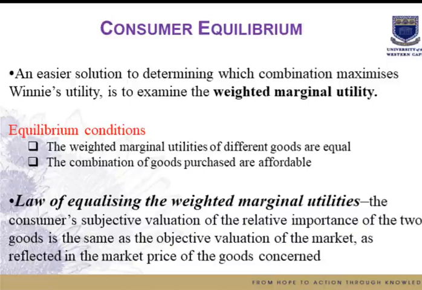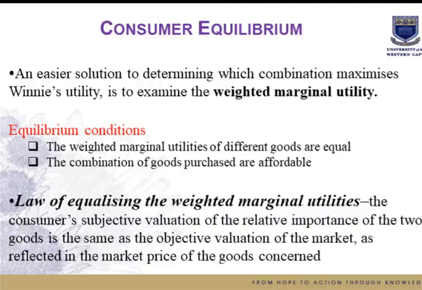The approach we have used so far to obtain Winnie's equilibrium condition of the three goods she consumes is quite long and very cumbersome. Nevertheless, there exists another easier way we can use to determine the combination of the three goods that maximizes Winnie's utility. That is through the use of weighted marginal utilities.